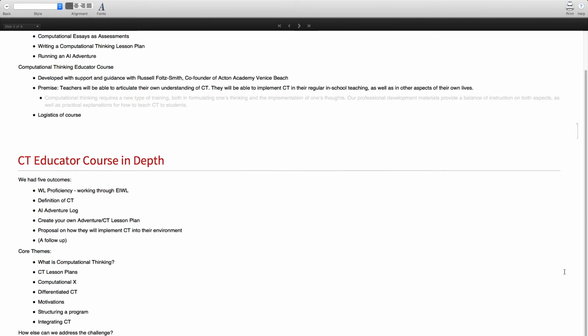If you aren't aware of computational X, it's essentially a concept that every academic, every professional field is going to have some component of computational added to it. And we're well into that curve already. Then considering that we're dealing with educators, a lot of times we have to consider whether they have the right motivations, whether they have the passion to address this issue in their classroom and make this change.